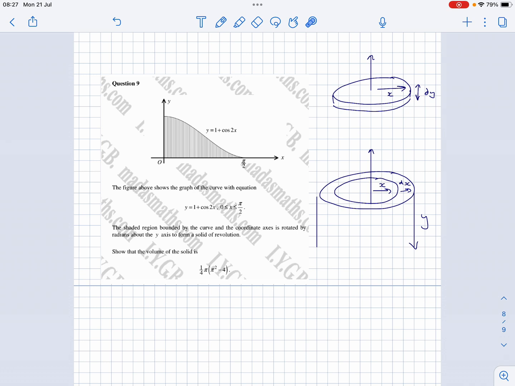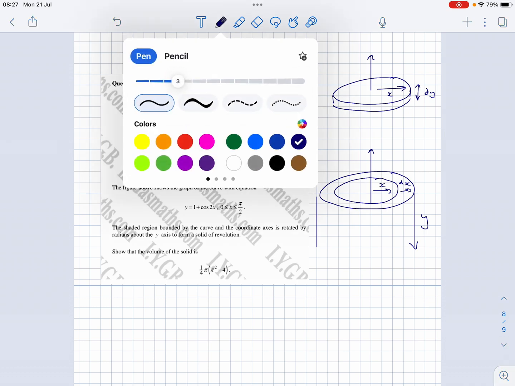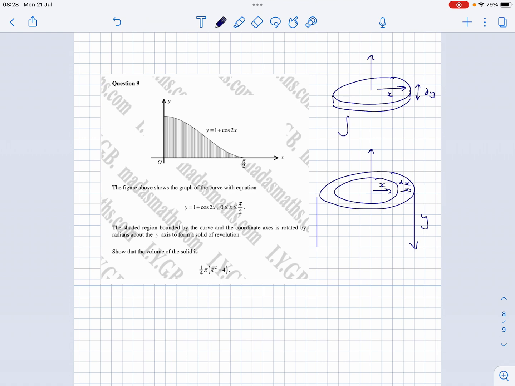When you think about that, how you'd work out your volume is the sum of all of these pi x squareds, because that's the circle on the top, and then you get this width, which is your delta y. So you're basically adding up lots and lots of those discs.